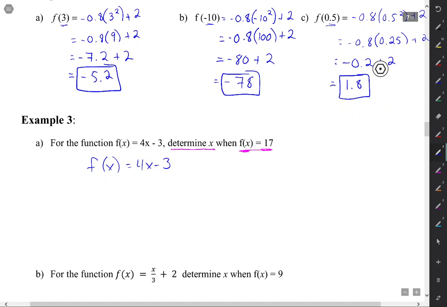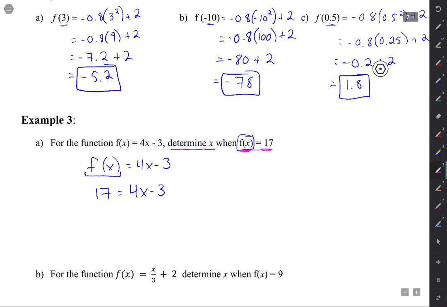So instead of replacing the x's with 17, I'm going to replace f of x with 17. So f of x is right here, so instead of having that, I'm going to write 17. And then on the other side of the equal sign, it all stays the same. So all I did was replace f of x with 17.